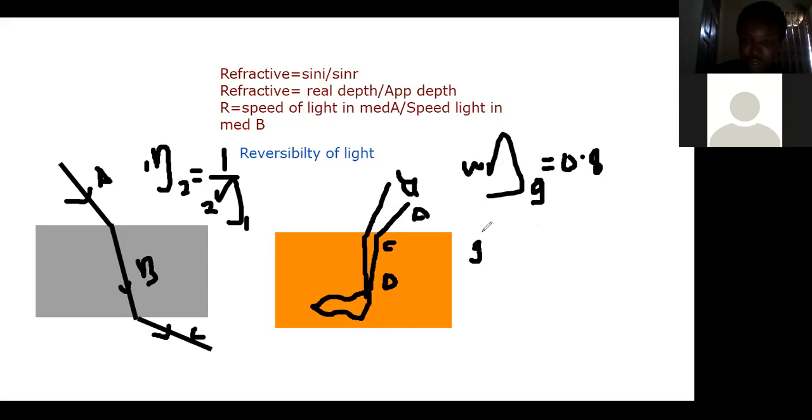Then light traveling from glass to water will be, by reversibility of light, equal to 1 over 0.8.